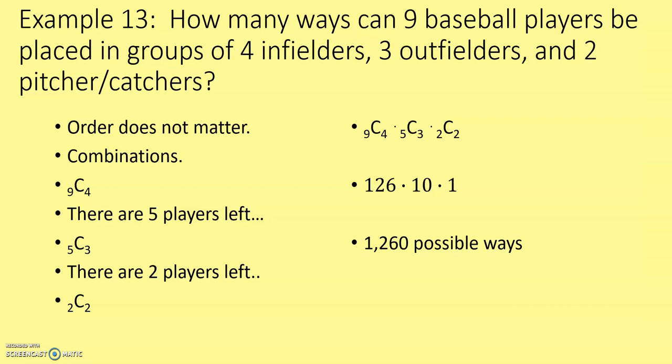And then there are 2 players left, and we're going to put them in the catcher category. So it's 9 choose 4 times 5 choose 3 times 2 choose 2. Using the formulas, it's 126 times 10 times 1. There are 1,260 possible ways.